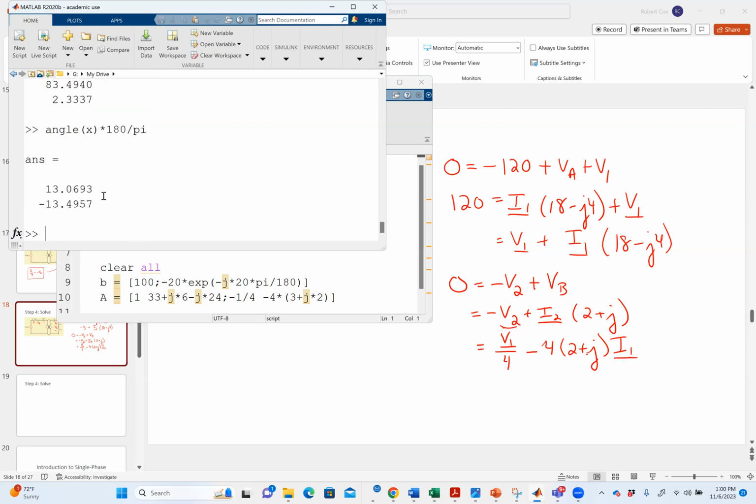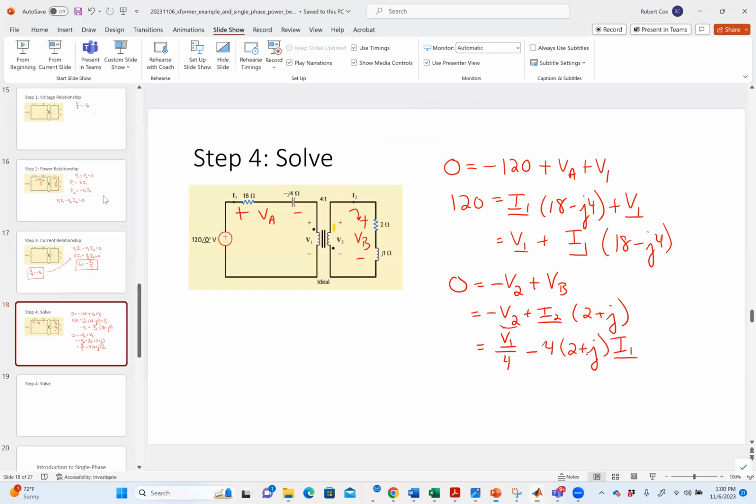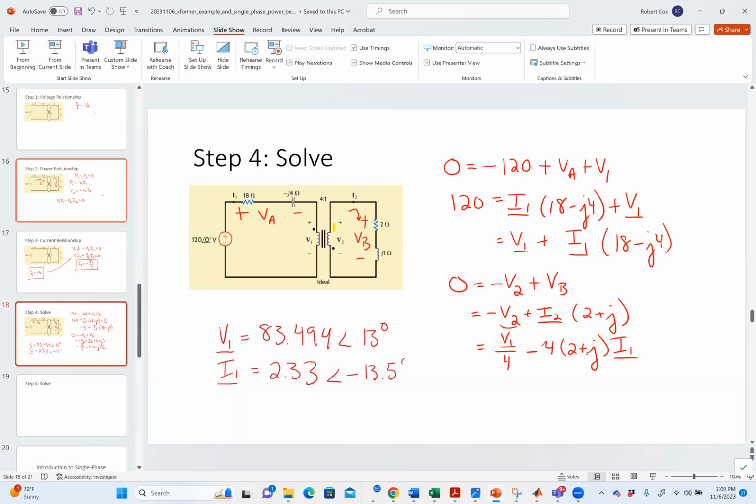So I get 13 degrees for the voltage and negative 13.5 for the current. So basically V1 equals 83.494 angle 13 degrees, and I1 is basically 2.33 angle negative 13.5.